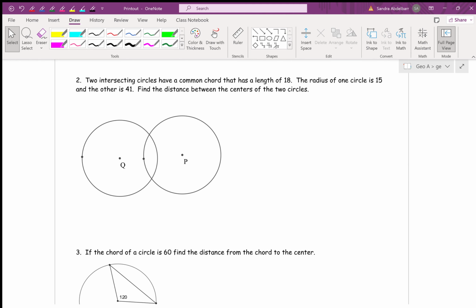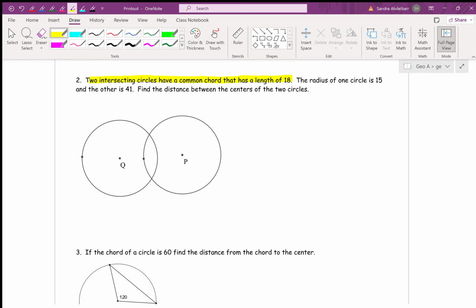All right, go back. We read through it once. Two intersecting circles have a common chord that has a length of 18. I need to draw that common chord. Anytime you have a common chord situation, you're always going to draw that common chord in the same location. Do you see how it sort of looks like a Venn diagram?